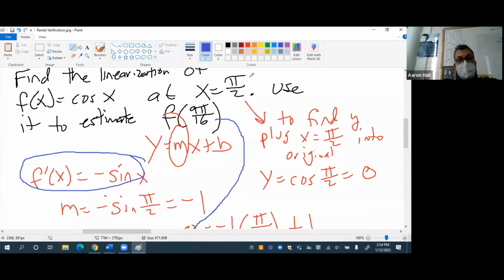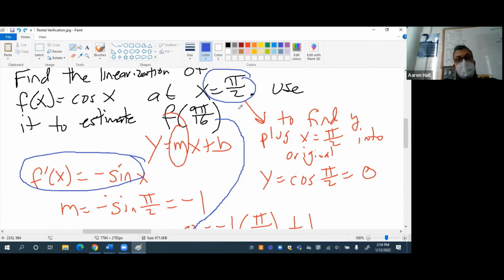We plugged x into it to find our slope of -1. Are you good with that? Now that we know m is -1, how do we find b? We just plug in everything we have. Don't we have to plug this into the original? Yeah, that will tell us what our y is.